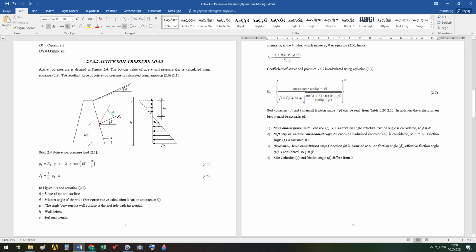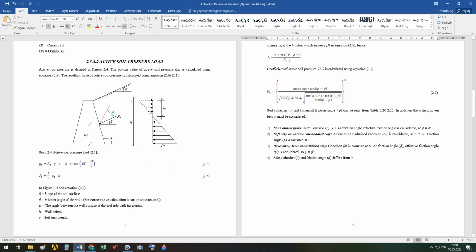And also tensile soil pressure developed here. It's also a general situation. So I use this figure because it depicts the general situation which might occur in real applications.